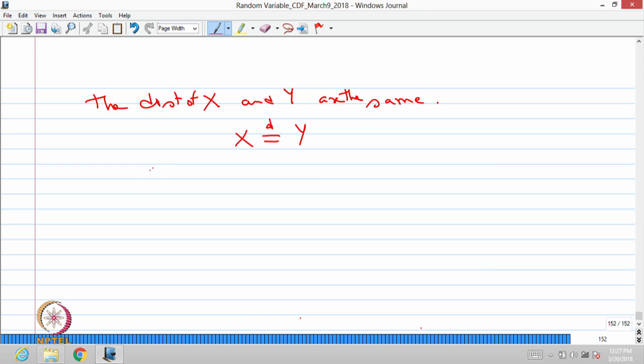Therefore, we can conclude X and Y are IID random variables. So, whenever we write IID random variables, that means those random variables are mutually independent, and also they have the same distribution. Then we call it an IID random variable.